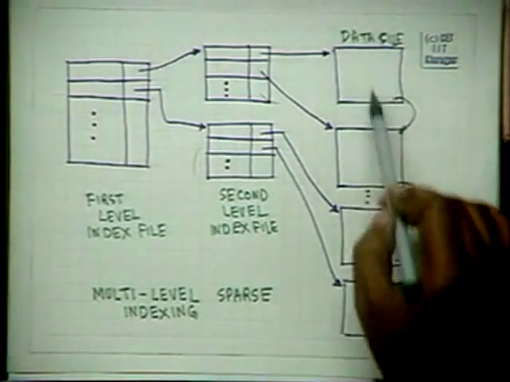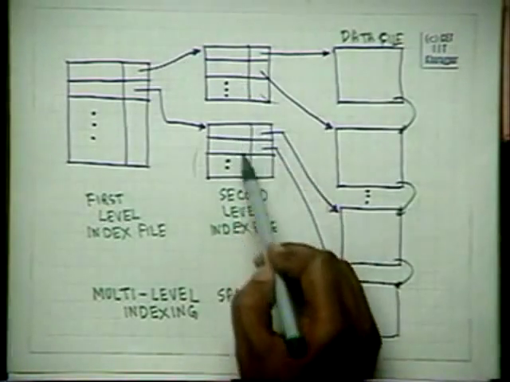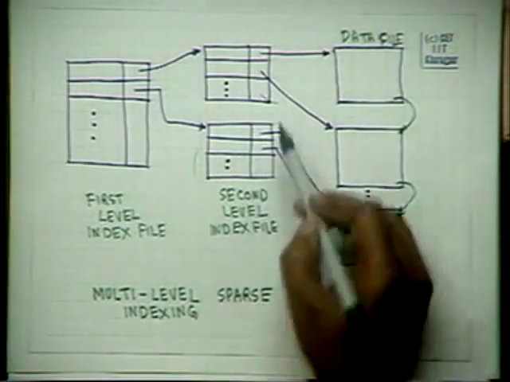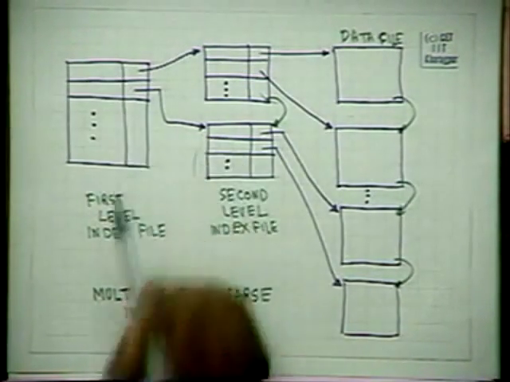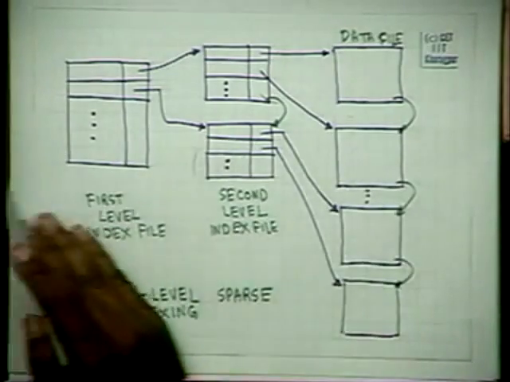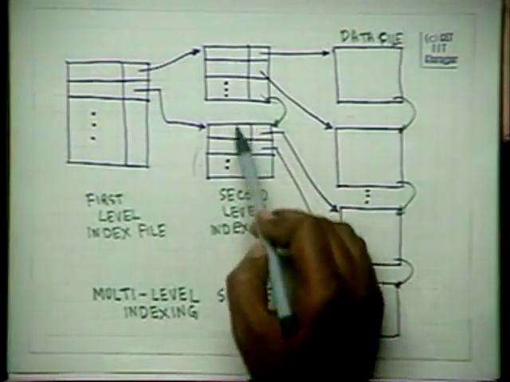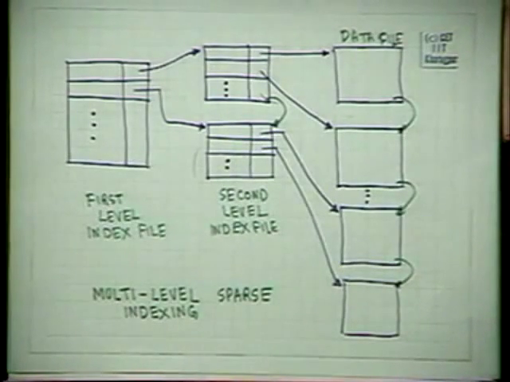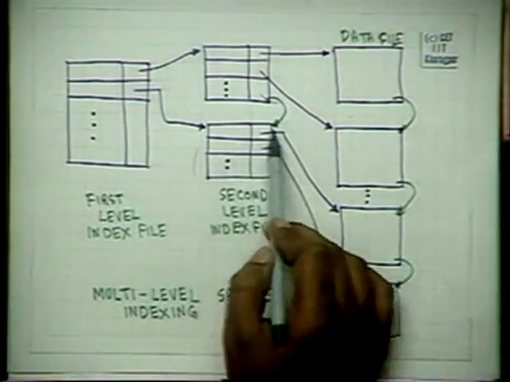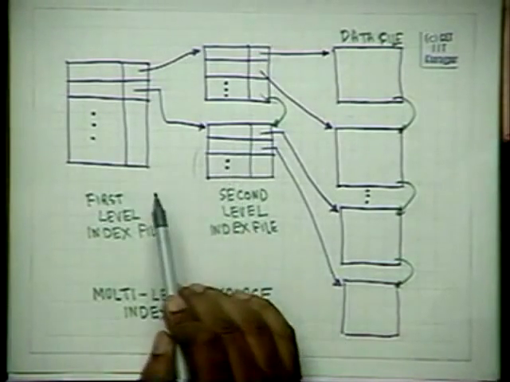As we discussed with the block pointers, these are blocks, and this is the first level block. So you can have a multi-level scheme in which these are all blocks, and this points to the next: 2 level, 3 level, 4 level.